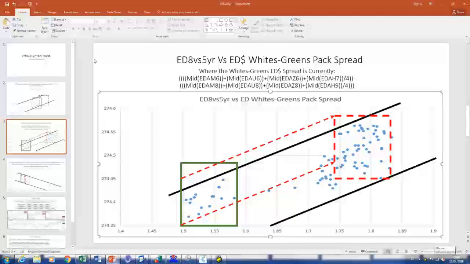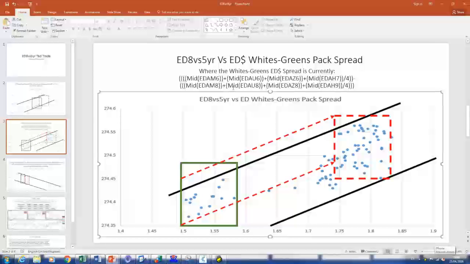What I'm looking at here is very similar, a little bit more obvious in terms of the trajectory of the spread. So this is the 5-year US TED spread, same spread, versus the Eurodollar whites greens pack spread.